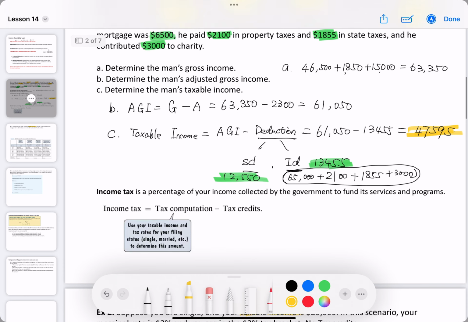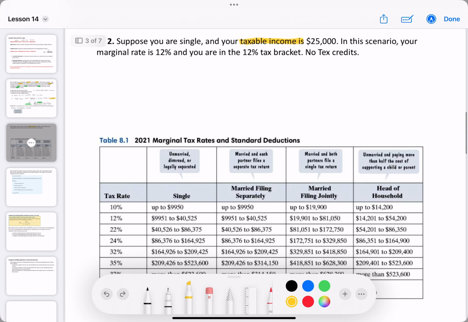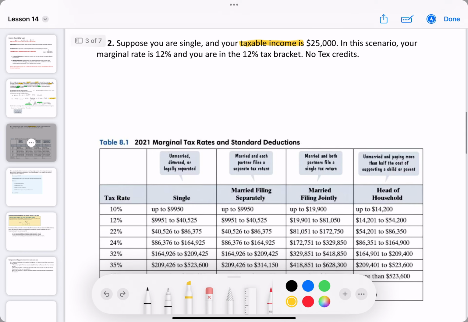In the previous example, I did a lot of work to find my taxable income, but this one is already given: $25,000. In this scenario, your marginal rate is 12%, and you're in the 12% tax bracket, no tax credit. And what is your income tax?